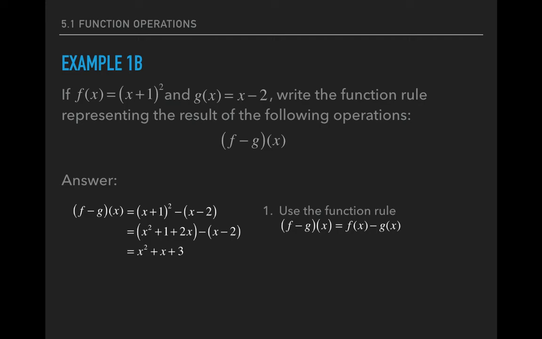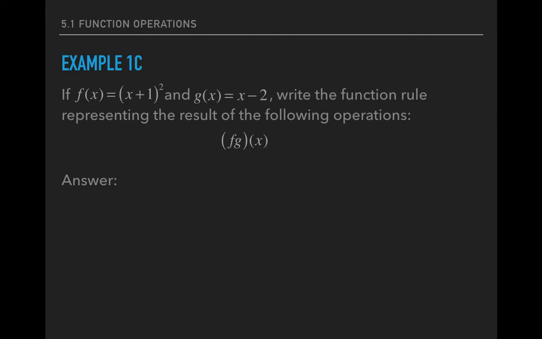And that is subtraction. Now let's look at multiplication, finding the product of two functions. The function rule says, well, if you're multiplying f and g, it's really just multiplying those two functions. So we can rewrite this, and you have (x plus 1) squared times x minus 2.